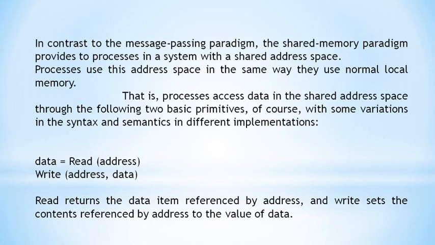A process will access the shared address space depending on these two primitives: data equals read of address, and write of address comma data, which is what data you want to write at a particular address.